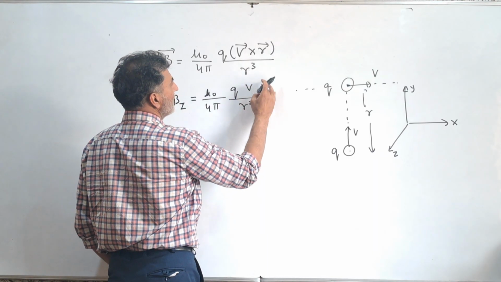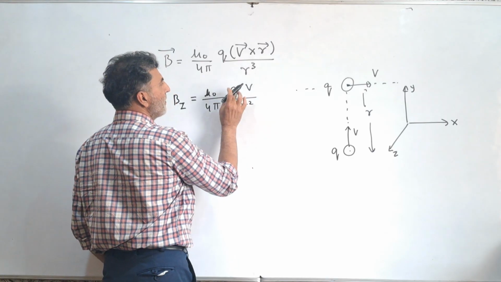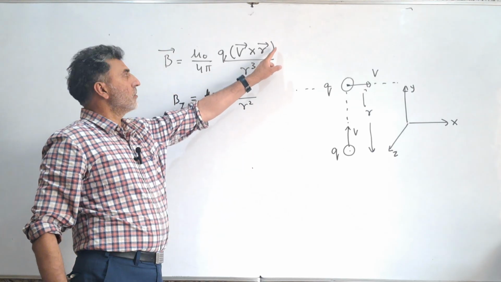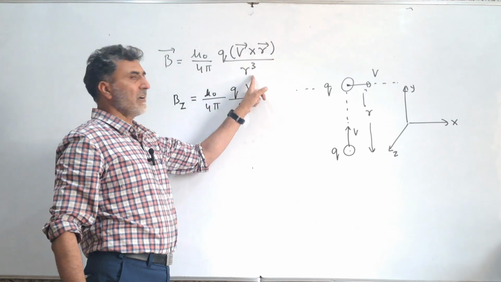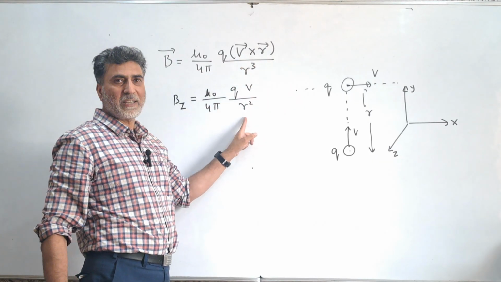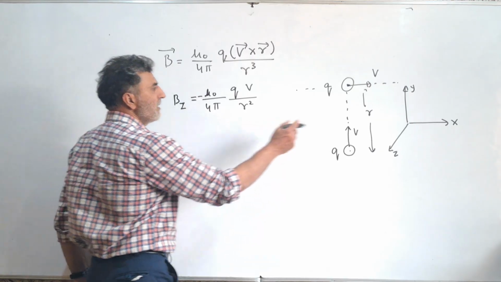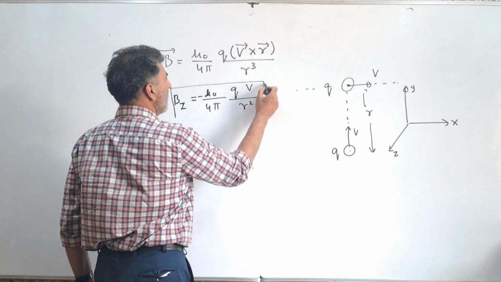It will be v r sine theta, but theta will be 90, so it will be q v by r square. यहाँ r रहेगा ऊपर, तो जब आप इसको एक्सपेंड करोगे, that will be v r sine theta. r सब खत्म होकर के r square हो जाएगा नीचे, right? Okay. Now with the negative sign, of course, because the magnetic field will be in the minus z direction. This is the magnetic field produced in the minus z direction.